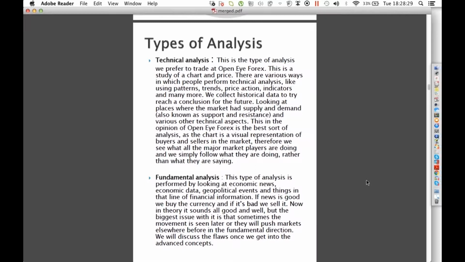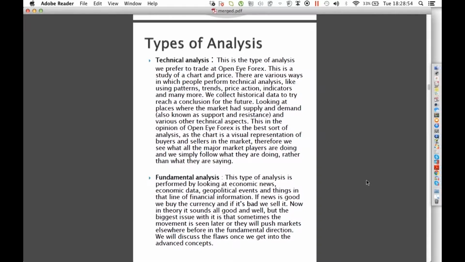So basically, we collect historical data to try and reach a conclusion for the future, looking at where the market had supply and demand, better known as support and resistance, and other various technical aspects to performing technical analysis.